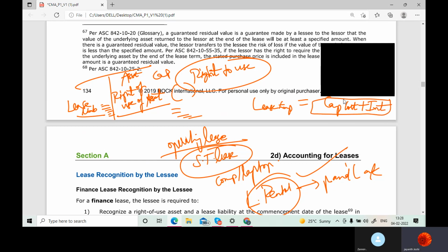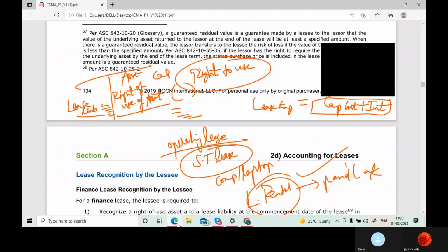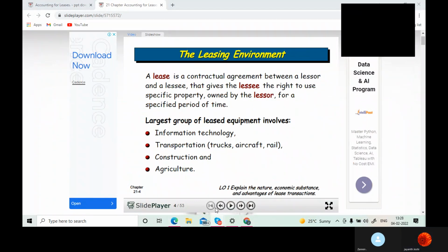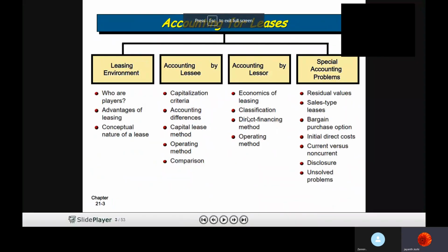That's it. So here the lessee would capitalize the asset. We will see what is capital lease and finance lease. Just a second, Zarina.